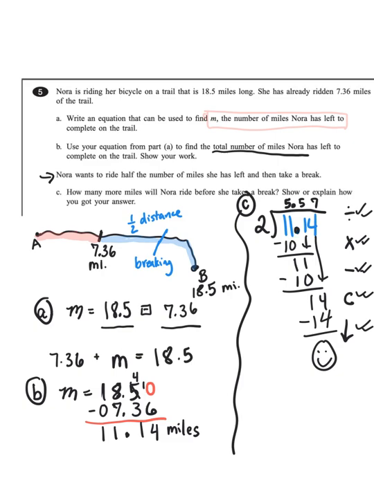The other way I know that I'm right is because my decimal point should just go straight up and land in the same position, but one layer up. So the answer for C is 5 and 57 hundredths of a mile. She will go 5 and 57 hundredths miles before taking a break.